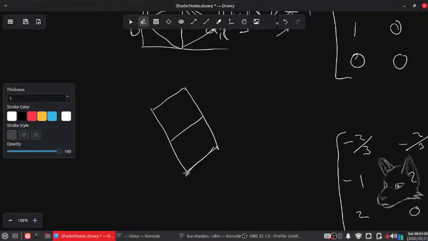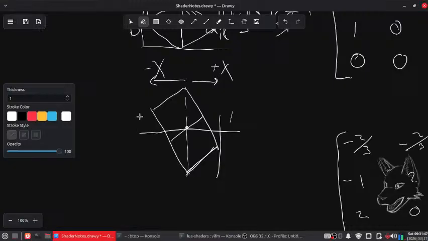You know that this is the origin. This way is plus x. This way is minus exposure. We want to draw a plane here. This is 1. This is minus 1. Which means it's this intersection.